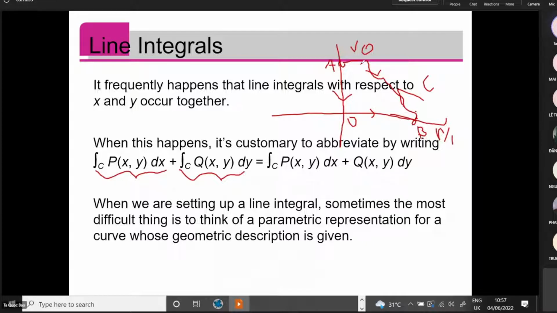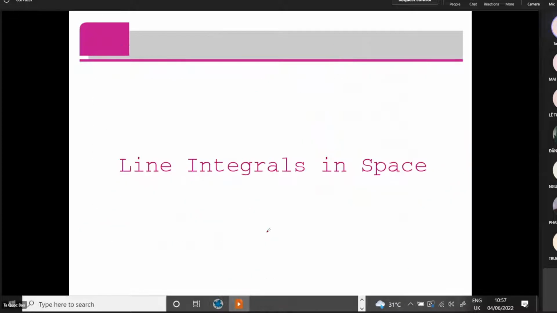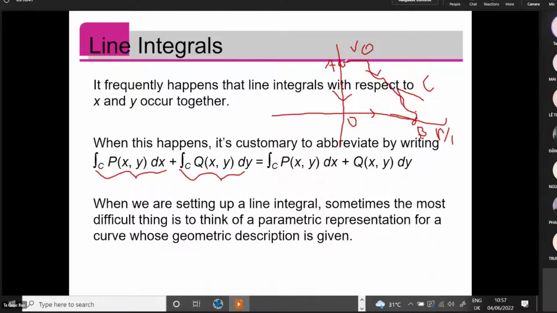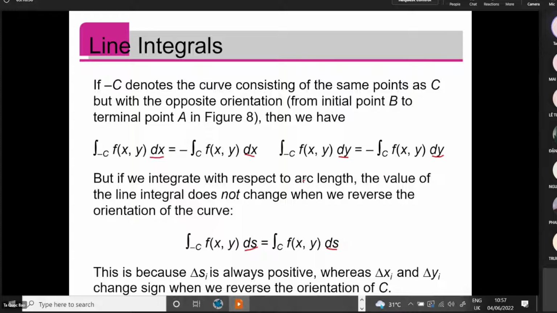However, if it is ds here, it means that we don't take the integration with respect to x and y. We take the integration on C, along C. So that is a special property. This is different from calculus 1.